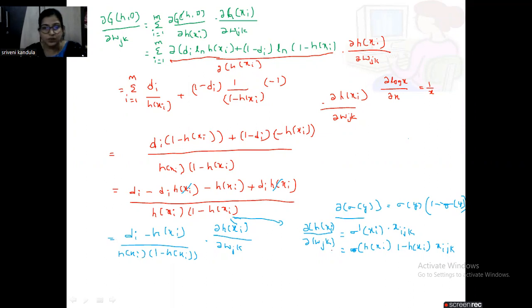Finally, we are left with (di minus h(xi)) multiplied with xijk, and here we have a summation for i equals 1 to n. Okay, so this is the gradient result that we have obtained after performing the partial derivative.